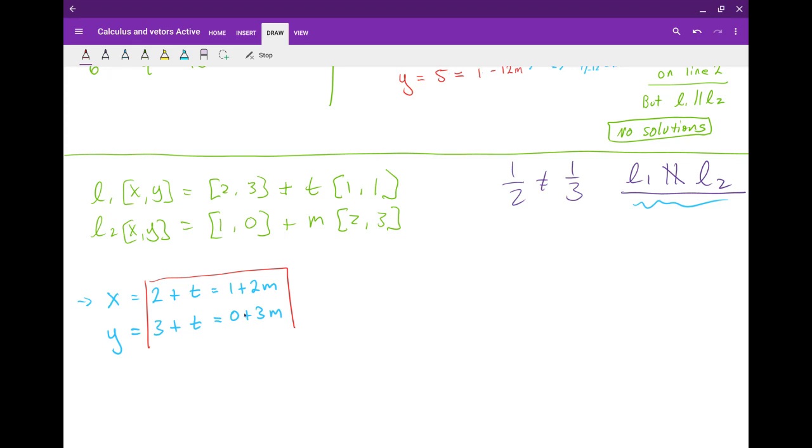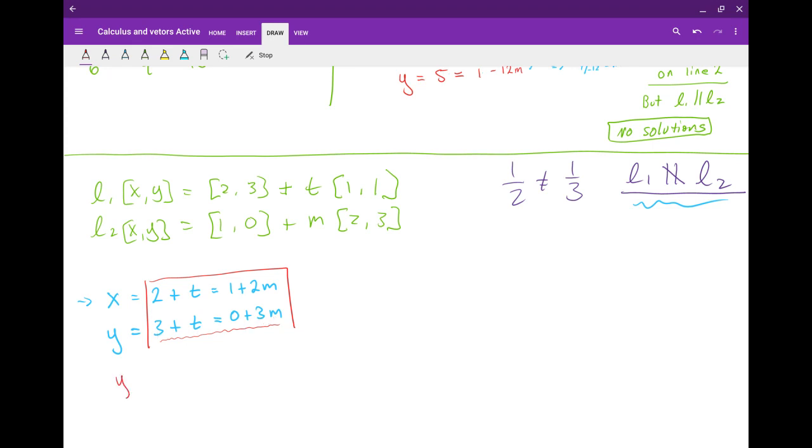So what I can do is I can solve for m in this one and plug it in here, solve for t, and so forth. Okay? So I guess I'll take maybe this equation, solve for m, or you know what? Actually, I'm going to solve for t. Look at how easy this is. If I subtract a 3 over here, I'm going to get t equals 3m minus 3.